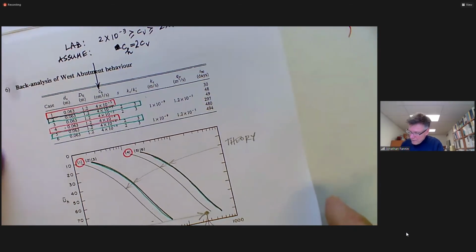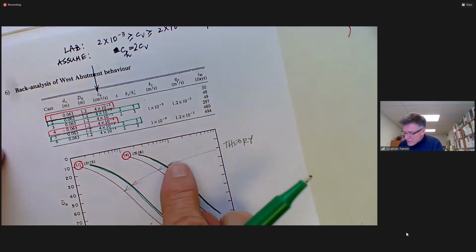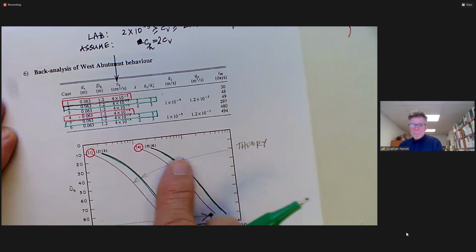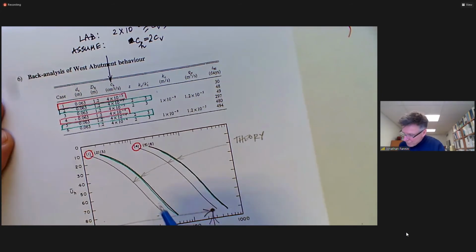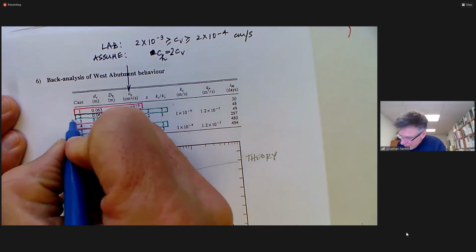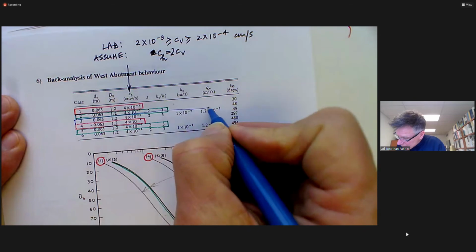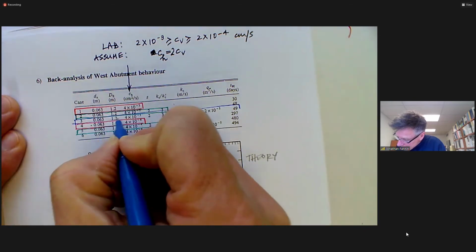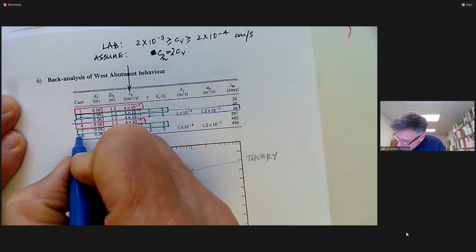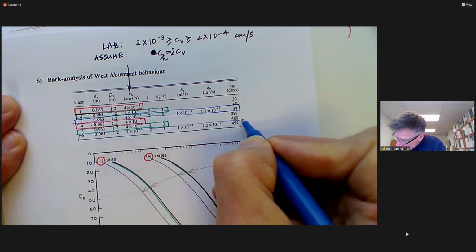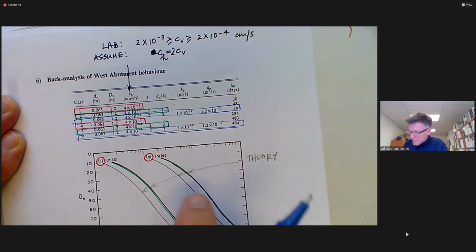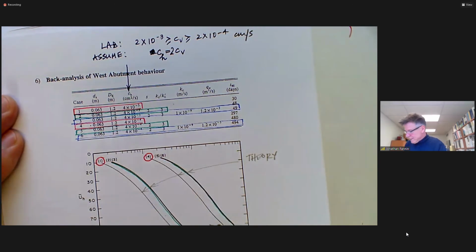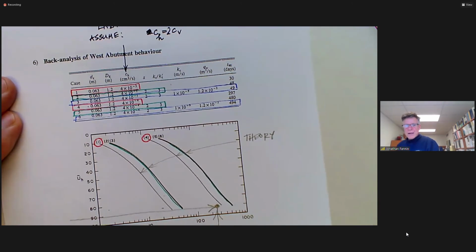And if we add in the drain resistance, case number 3 and case number 6, it makes very little difference, right? And that's why, in fact, it's not routinely considered in design practice.